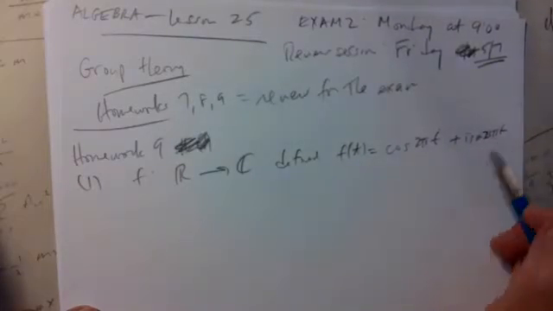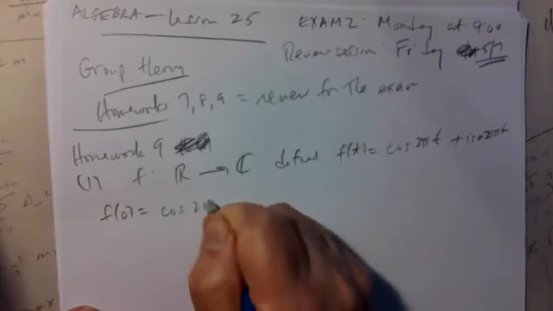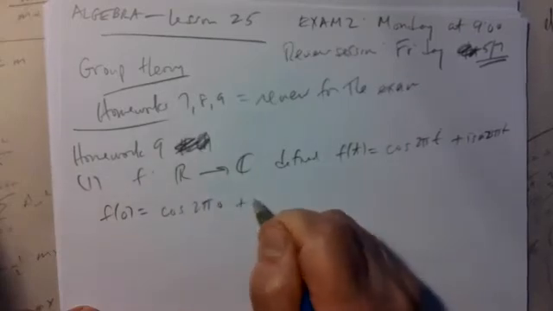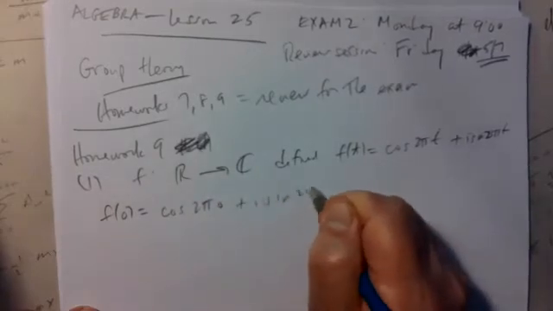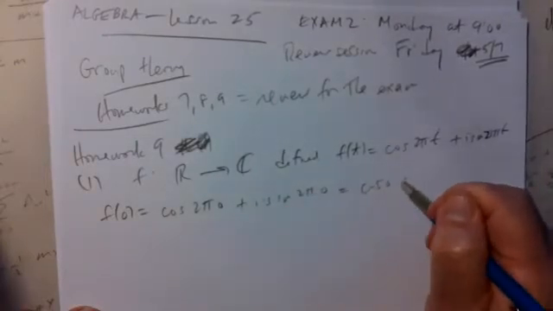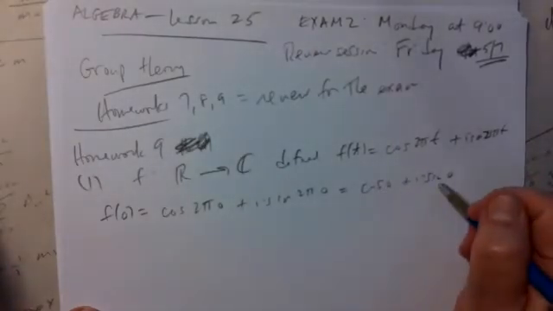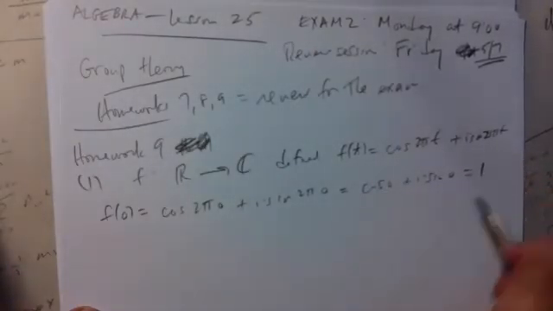This is the real part. This is the imaginary part. So for example, f of 0 is cosine of 2 pi times 0 plus I times the sine of 2 pi times 0. So that's cosine 0 plus I sine 0. And cosine 0 is 1 and sine 0 is 0. So this is just 1.